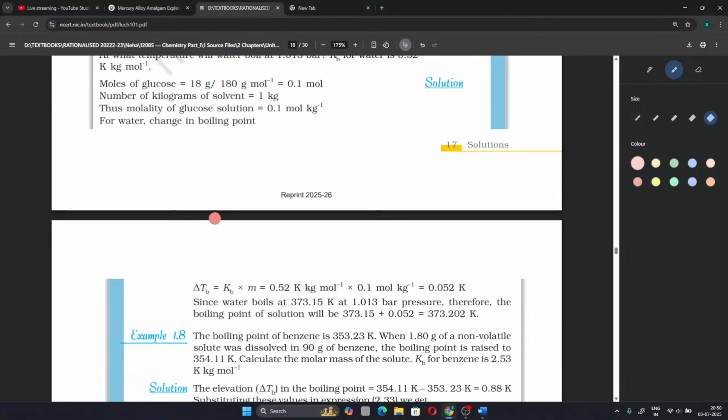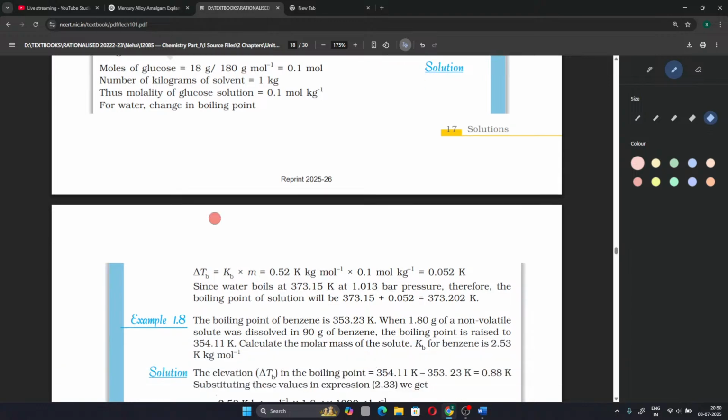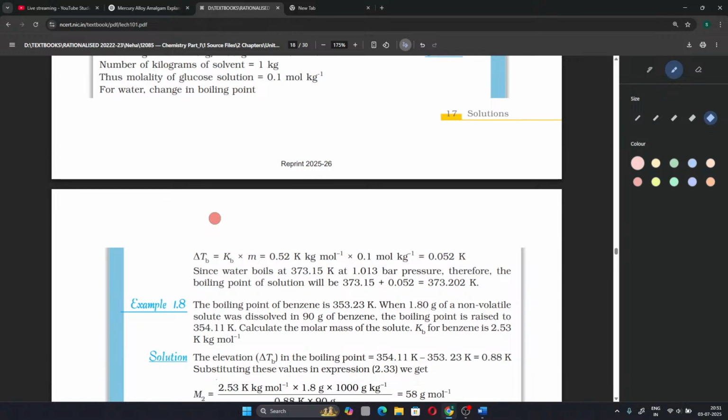The calculated answer is 0.052 Kelvin is the change, and the change is very, very minute. So from 373.15, due to adding 18 grams of glucose solute, we will increase the boiling point to 373.202. Okay.